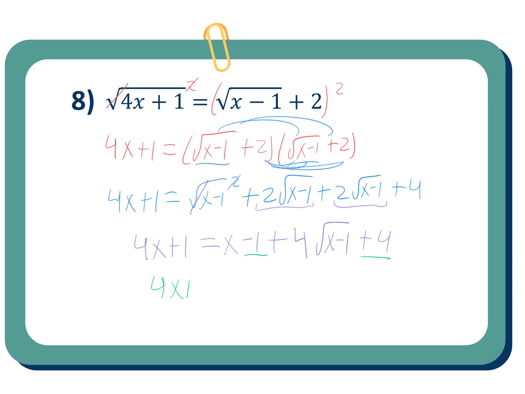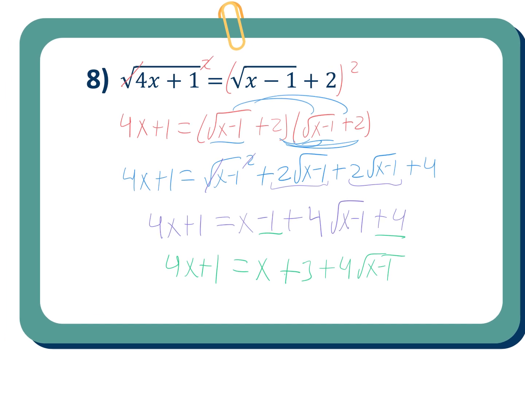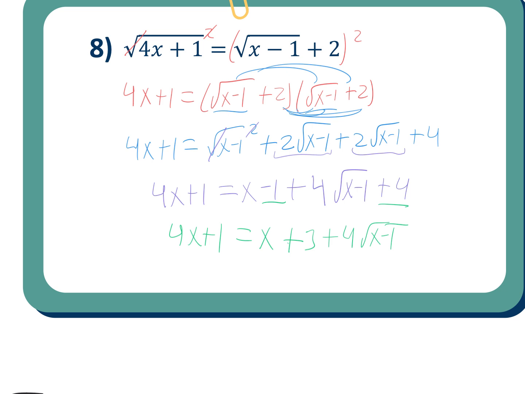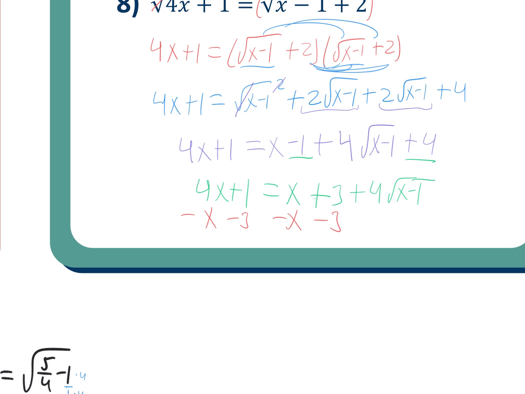So we get 4x plus 1 equals x plus 3 plus 4 square root of x minus 1. Now let's get everything but the radical on one side. So let's subtract x, subtract 3. That gets us 3x minus 2 equals 4 square root of x minus 1.